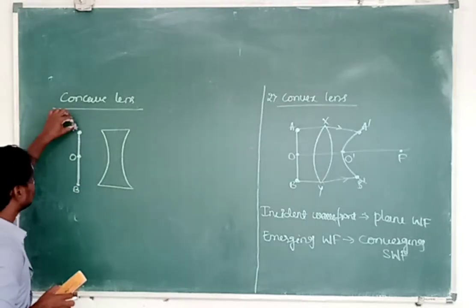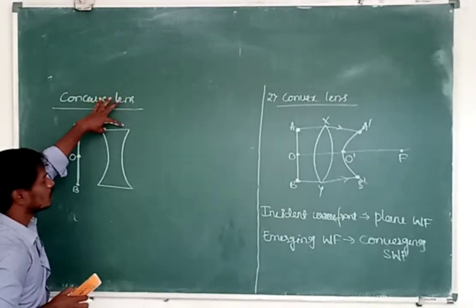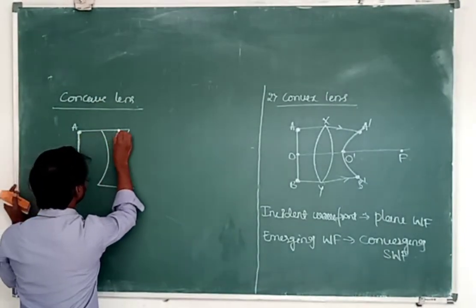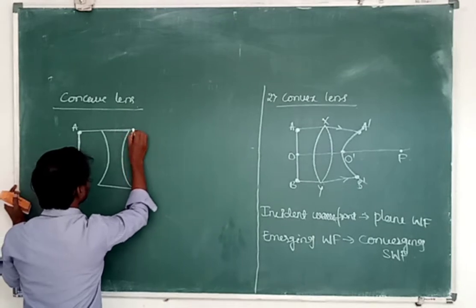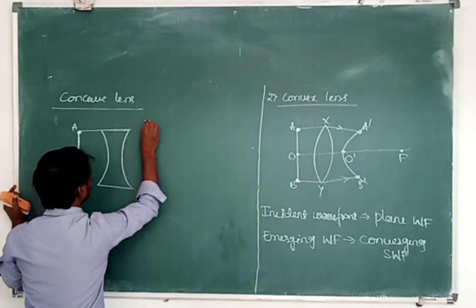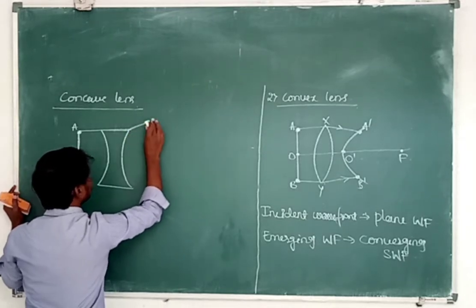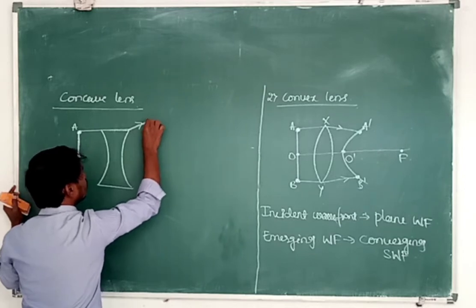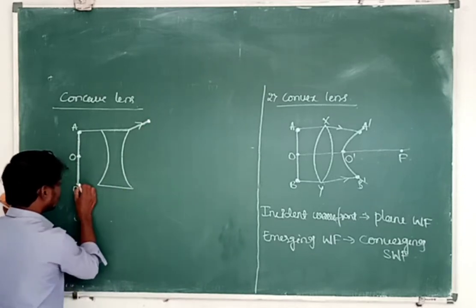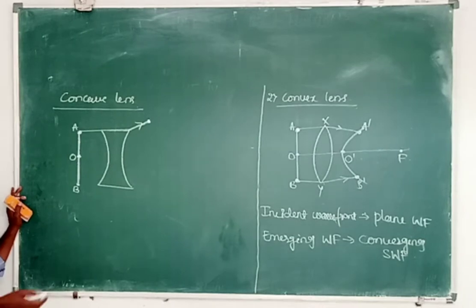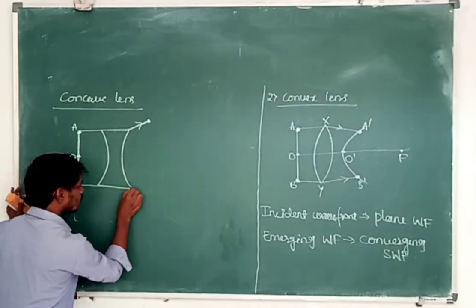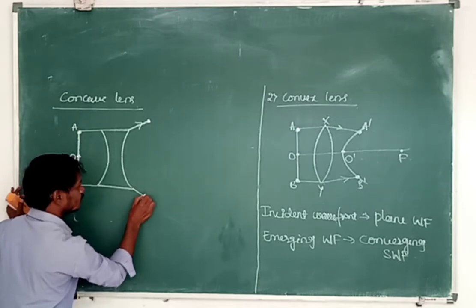So A will be traversed through the thicker portion of the lens, so it is delayed. In case of concave lens, the divergence of light takes place. And the lower portion of the wavefront also travels through the thicker portion of the lens, and again it is delayed.